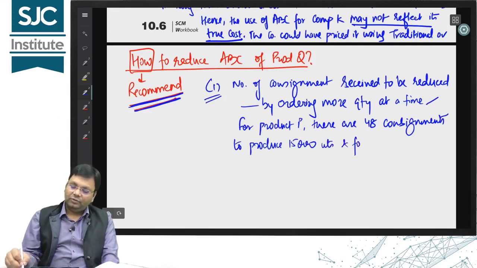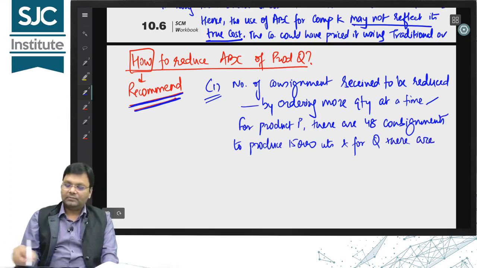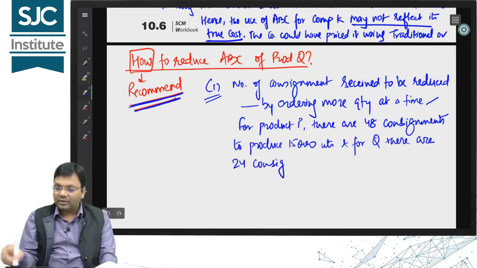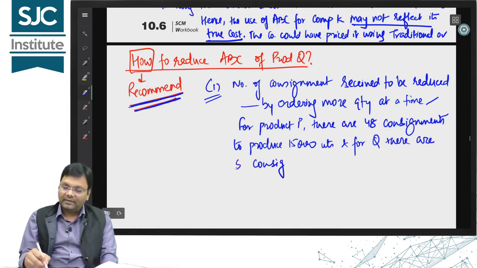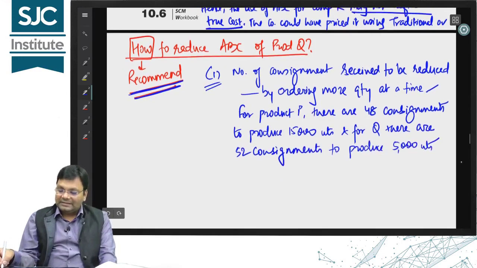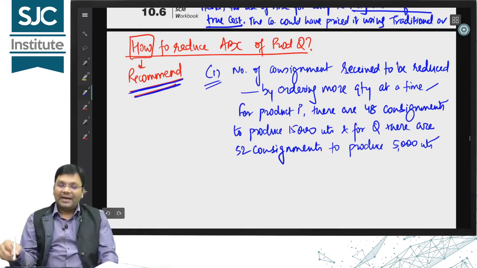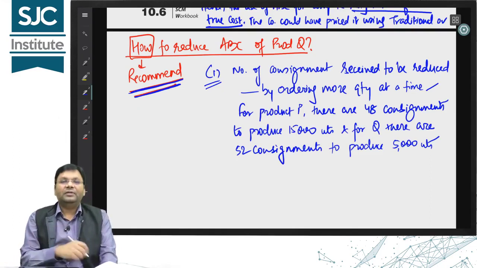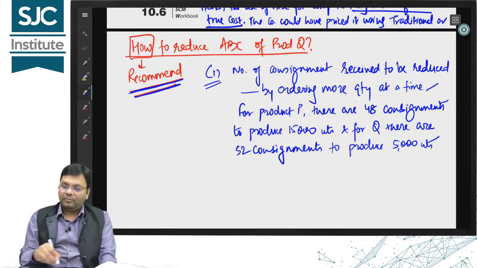And for Q, there are 52 consignments, sorry, not 24, 52 consignments to produce 5,000 units. So this is actually alerting us that we should focus on reducing the number of consignments for product Q.